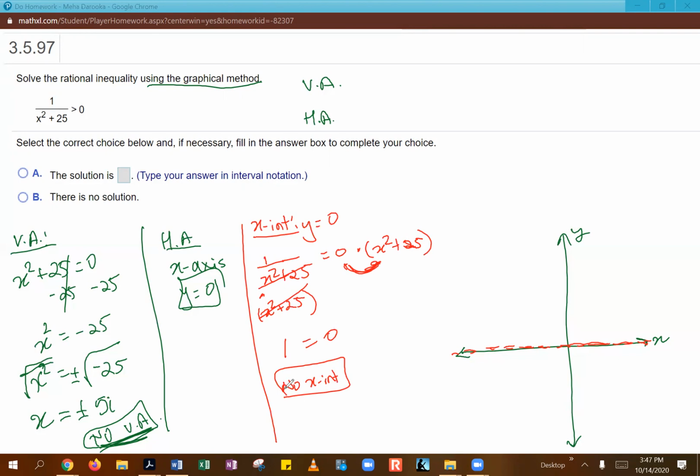To find the y-intercept, we would obviously make our x value 0. So that means you would have y equals 1 over 0 squared plus 25, which would give you 1 over 25. So you can see that's going to be a pretty small number, 0.04. So right, a little bit above the origin 0, 0.